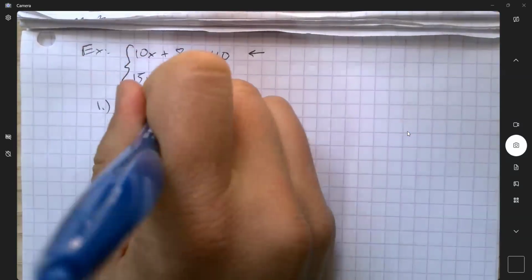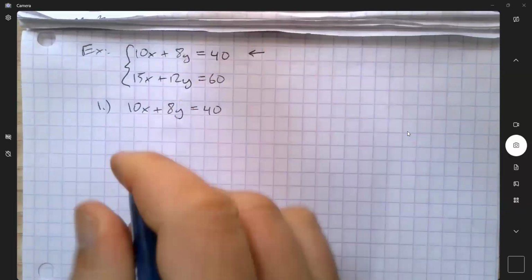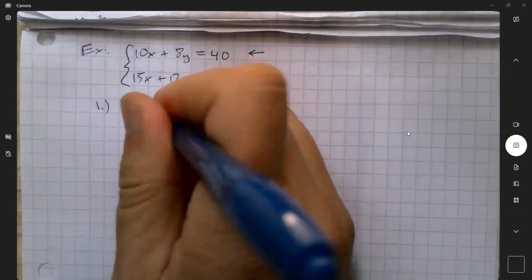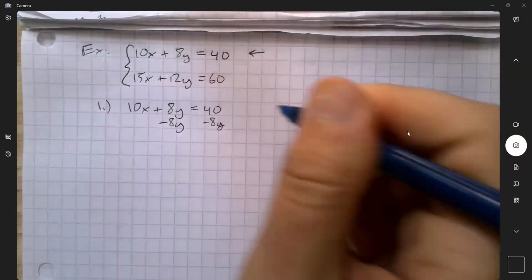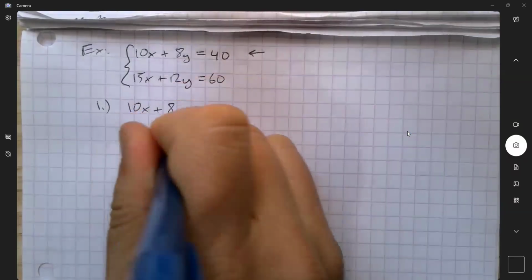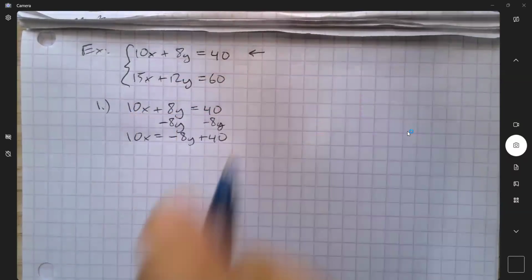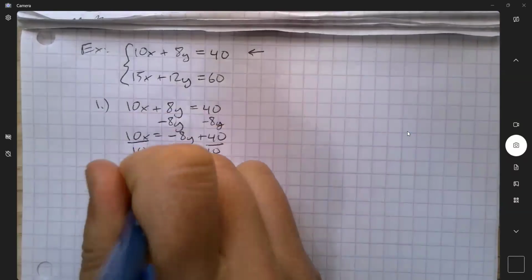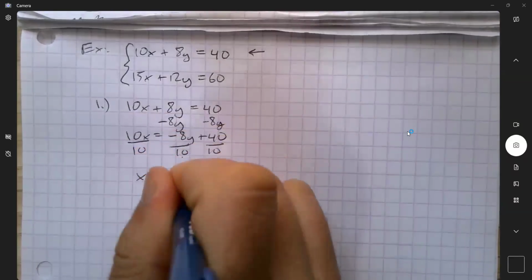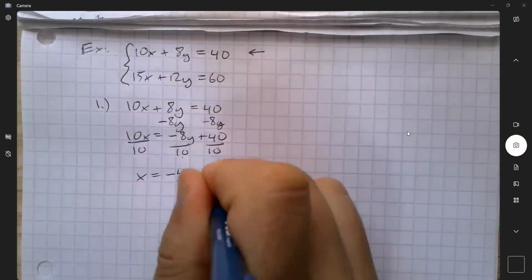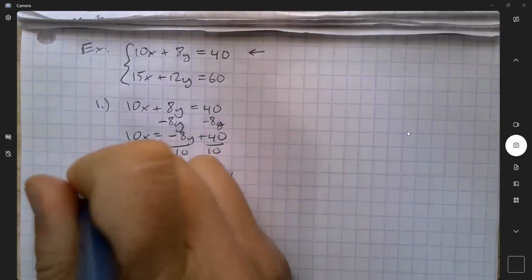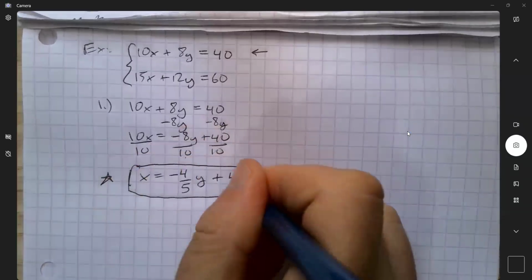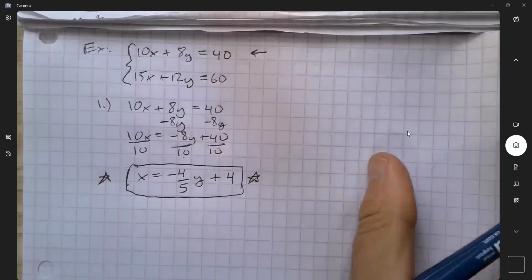So I'm going to solve 10x plus 8y equals 40. I could solve it for x or for y. I'll solve it for x this time. Subtract 8y from both sides, and you get 10x equals negative 8y plus 40. Divide both sides by 10, and you get x equals negative 8 over 10, which is the same as negative 4 over 5y, and then plus 4. And you could leave it as negative 8 over 10 if you wanted. It's still a fraction, and it means the same thing.